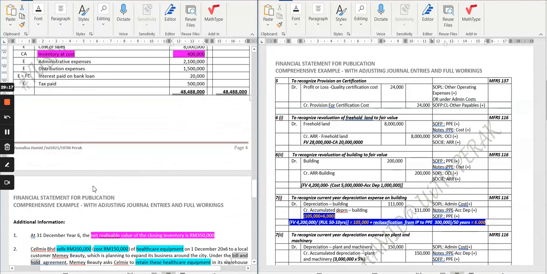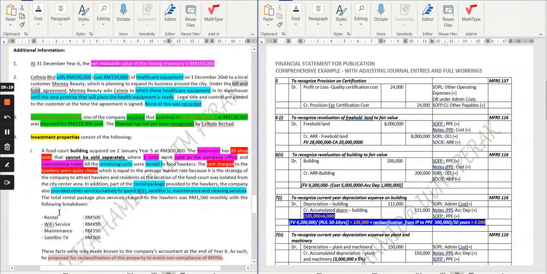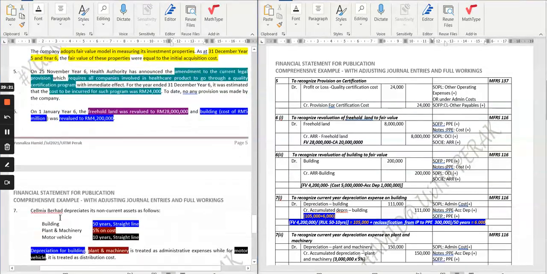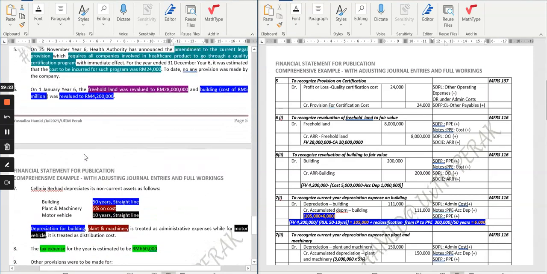You know that depreciation is not provided for freehold land. So you will compare the carrying amount with the fair value. It was revalued to 28 million. So 28 million minus carrying amount 20 million, you have 8 million. That is a surplus because fair value is greater than the carrying amount.